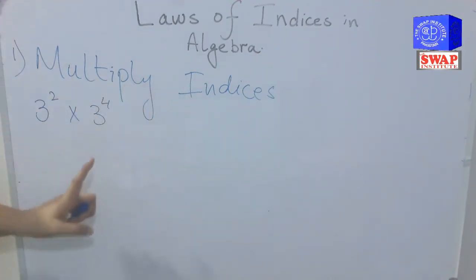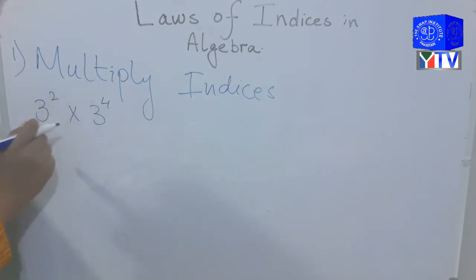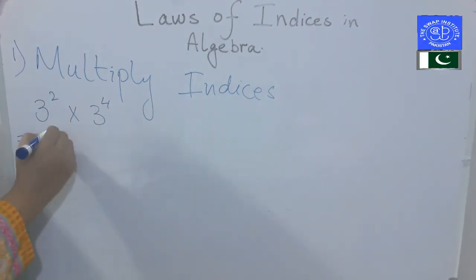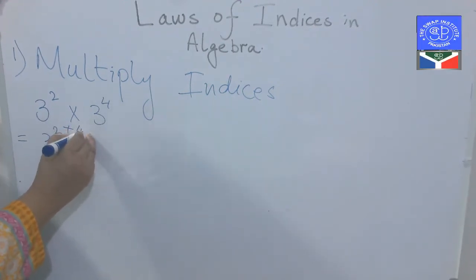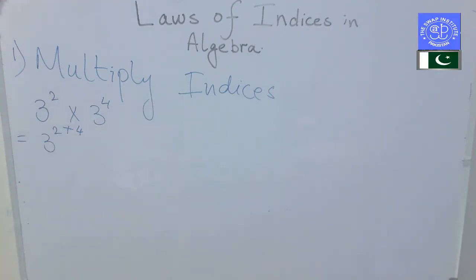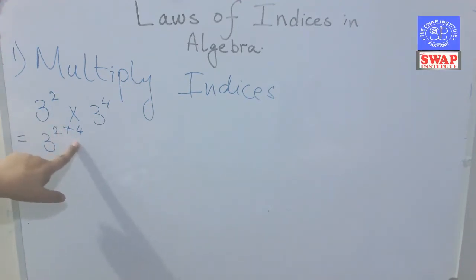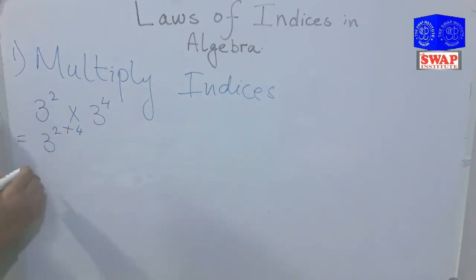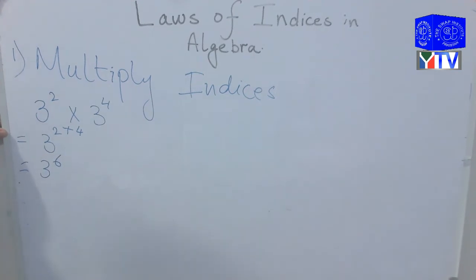When we are multiplying indices, we do 3 raised to power 2 plus 4. What is the rule? The rule of multiplying indices is that we have to add the powers. So 2 plus 4 is 6, and it will be 3 raised to power 6.